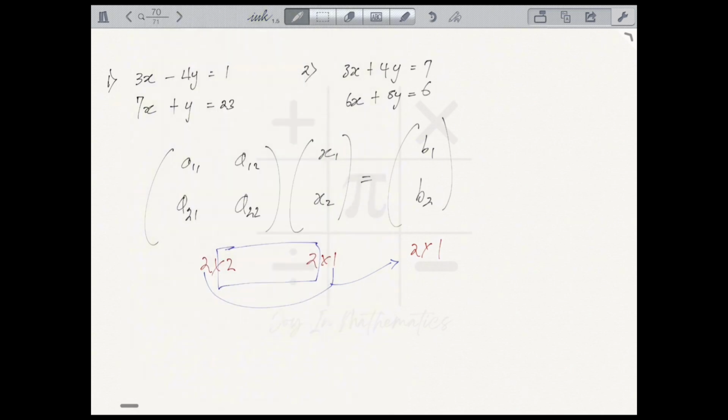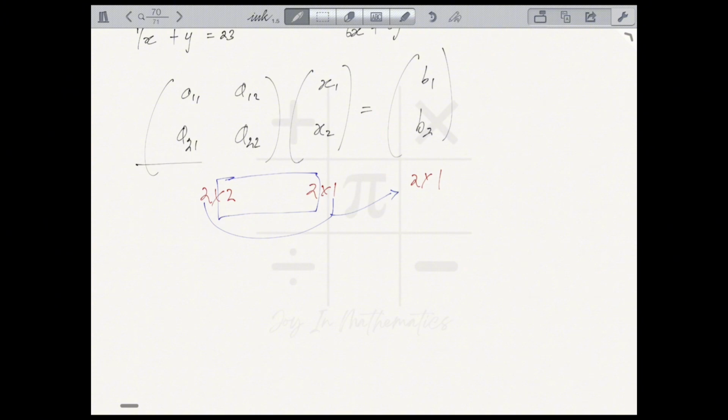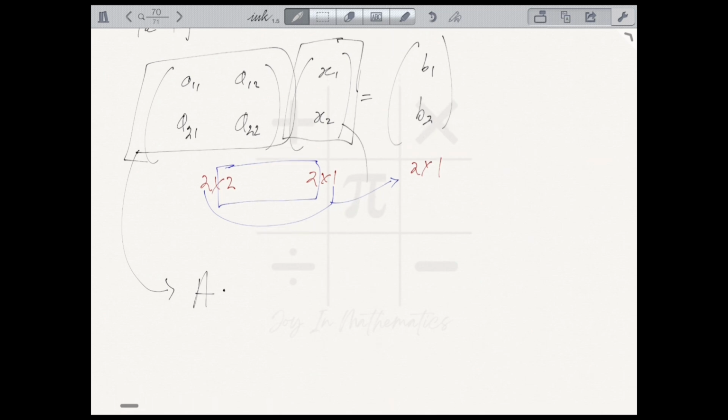Now let's proceed from there. Let's call this matrix A, which is being multiplied by a set of unknowns, so let's call it x, using a capital X, and it is equal to a set of constants, so we call the set of constants b.